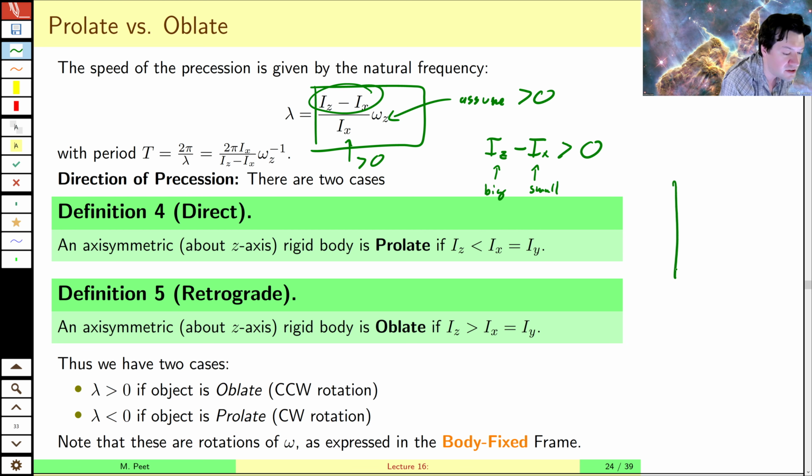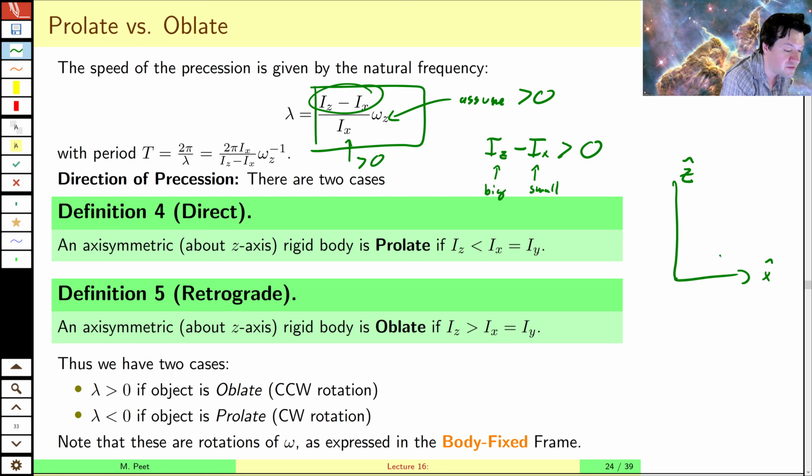So if this is your z-axis, and here's your x-axis, and remember, Ix equals Iy, so it doesn't matter if it's y or x. Your moment of inertia about the z-axis is bigger if there's more mass farther away from the z-axis than it is from the x or y-axis. Let's make that x.